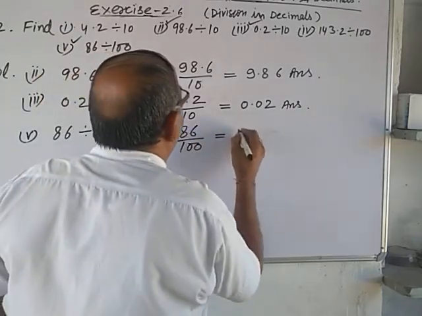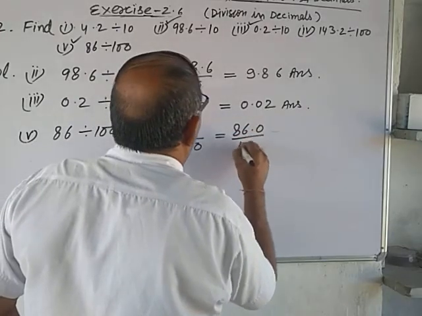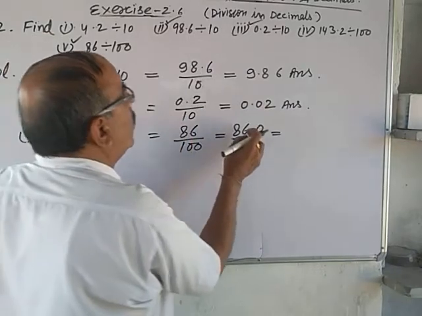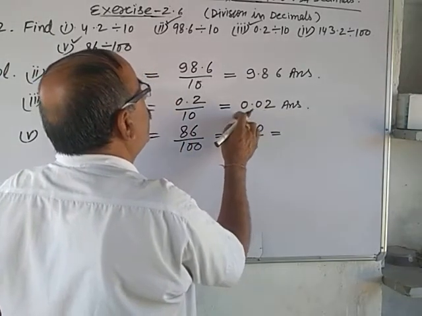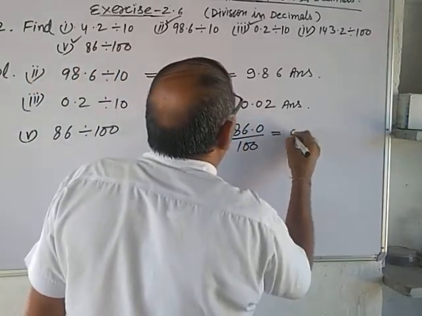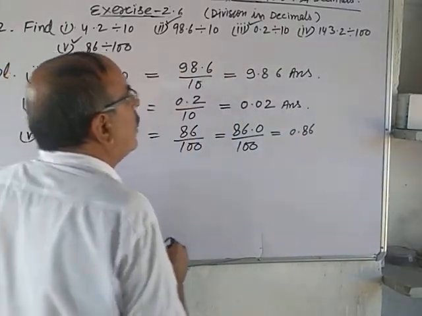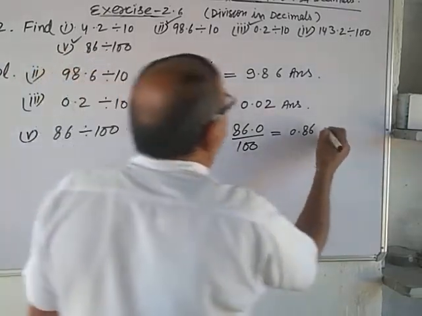So we write it 86.0 upon 100. We have 2 zeros, so the decimal moves 2 points to the left side, 0.86. 0.86 is the answer.